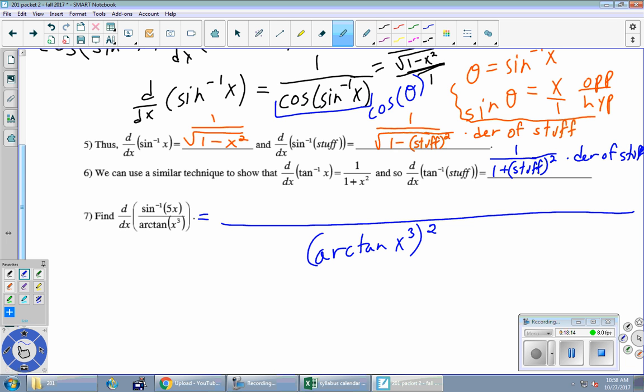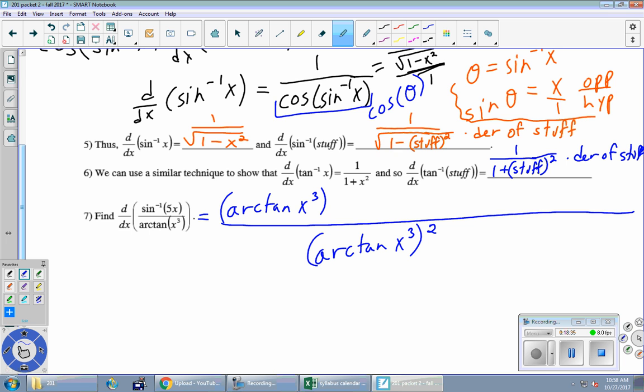Quotient rule says bottom squared, right? Okay, so now we apply the quotient rule upstairs. It says bottom times derivative of the top. So we copy the bottom. Times the derivative of the top.